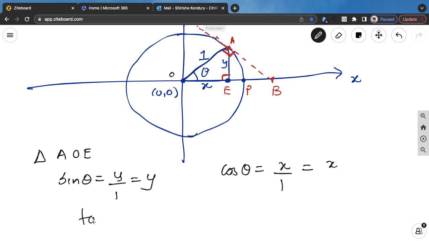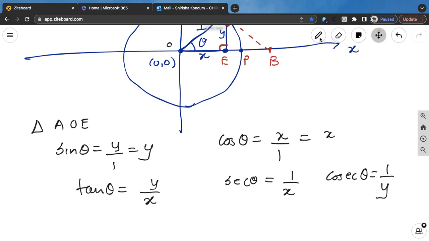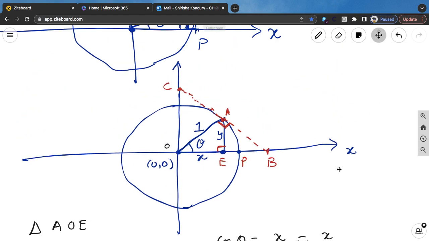And I have tan theta as opposite side upon adjacent side, which is y upon x. I have secant theta, which is 1 upon cos theta. I have cosecant theta, 1 upon sin theta. And I have cot theta as adjacent upon opposite.